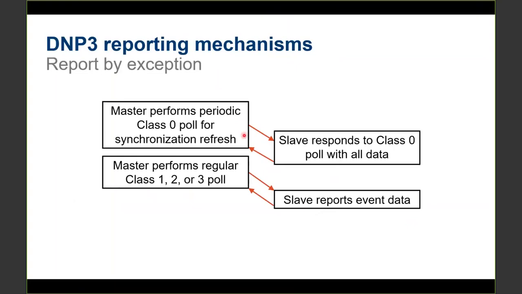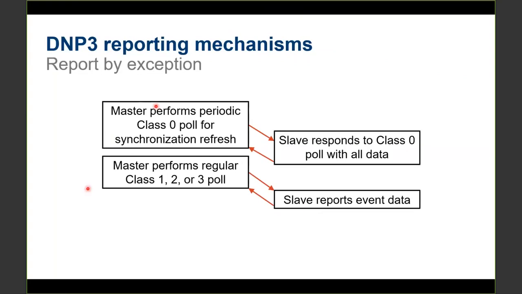The master station can also combine report by exception, this polling of class 1, 2, and 3, with static poll. In this way, the master can poll frequently for events and sometimes for static data.